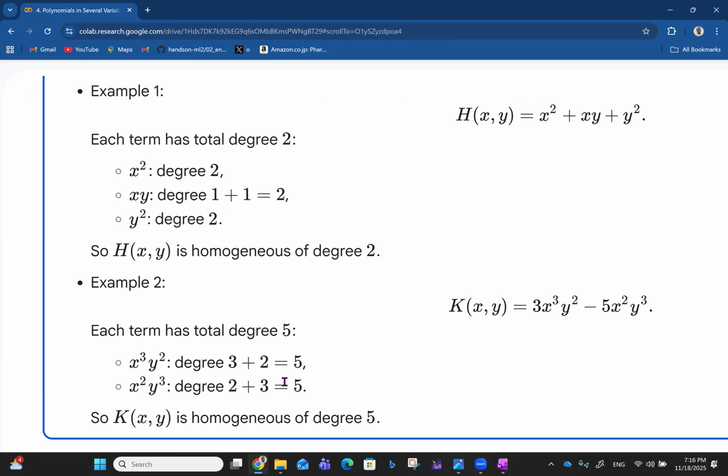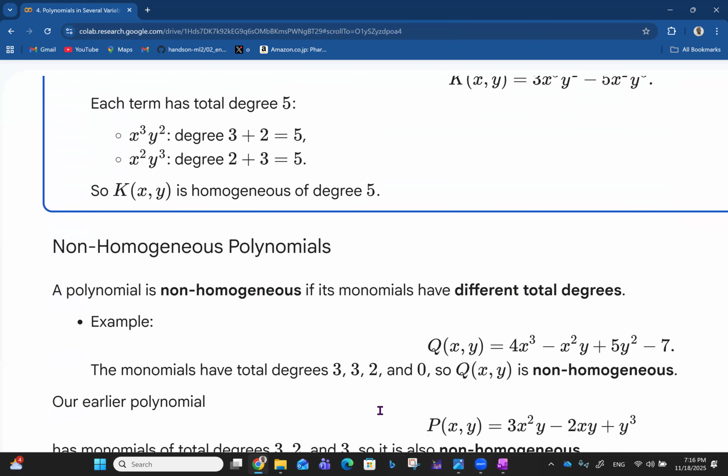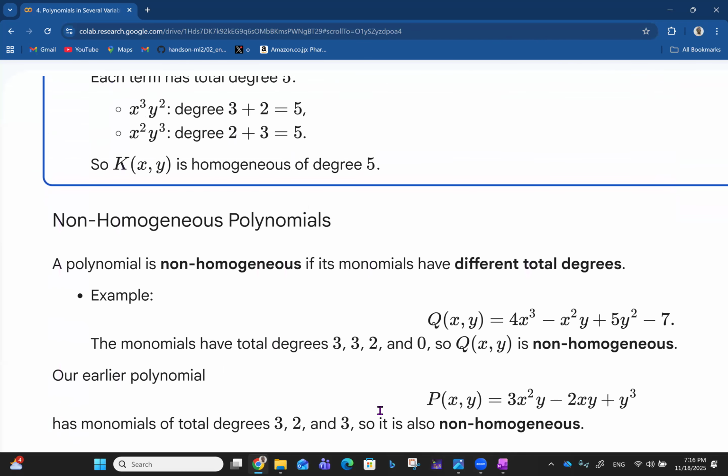That's why we don't bother about them. So the total degree in each case is 5. So this k of x comma y is a homogeneous binomial of degree 5. A homogeneous bivariate binomial, if you like.